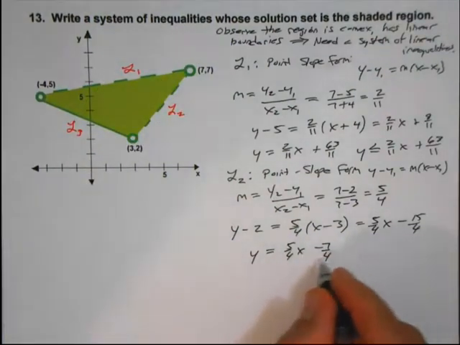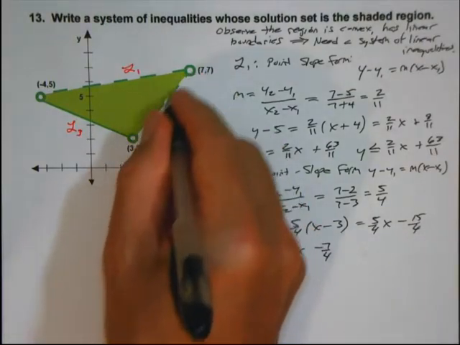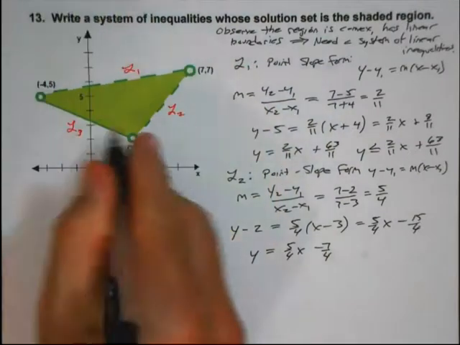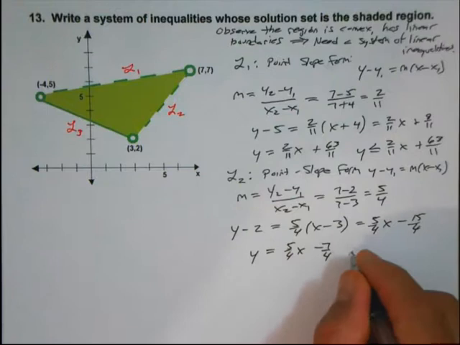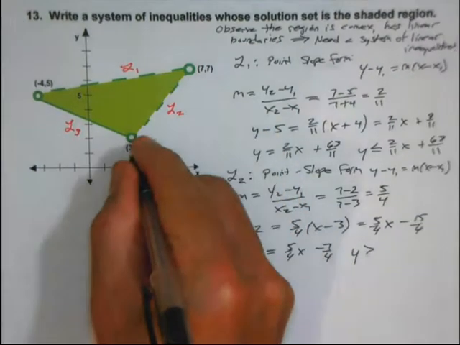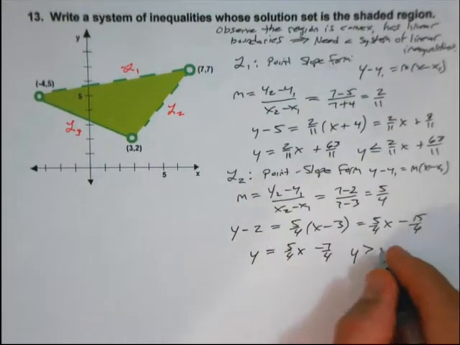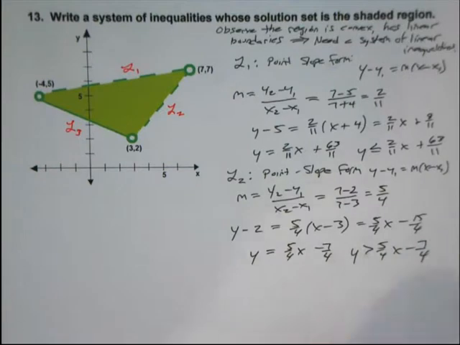Now that is the boundary line. What about the inequality? Okay, in this case, we need to be above L2. With this form, it's easy to then say we need to have y greater than, and dashed line, no equal sign, simply greater than 5/4 x minus 7/4.